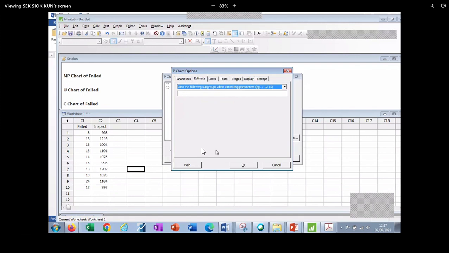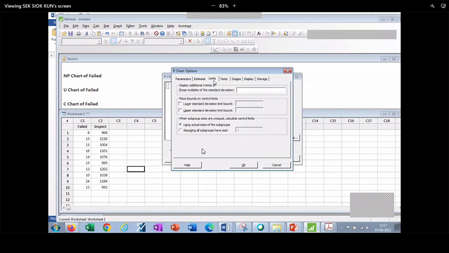I think we don't need to change anything, just follow exactly. Then the limits: normally they are based on plus and minus 3 sigma. If you want to see a new control limit, you can put it here. If you want to see 2 sigma, then you put 2 here.